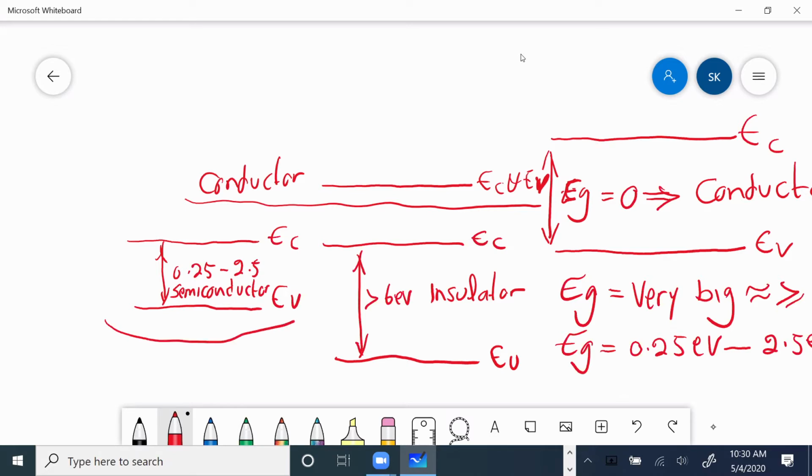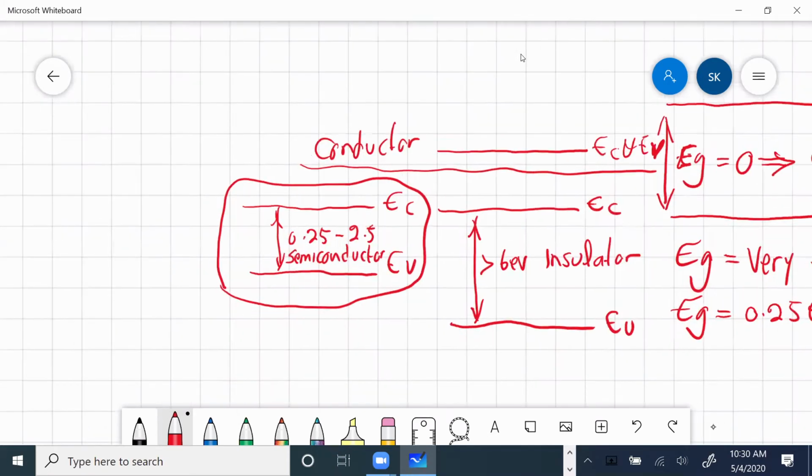We are going to discuss this today. We really are not interested in insulators nor conductors. Simple.